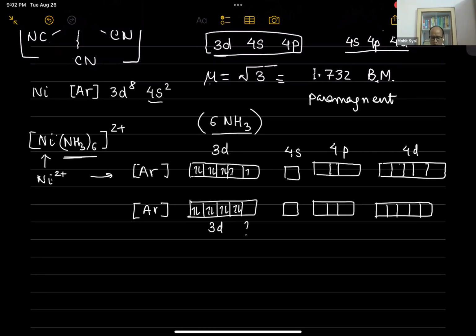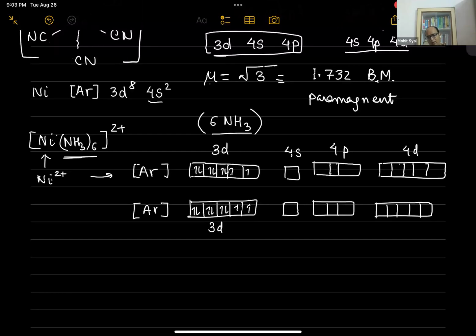There is no point of doing any pairing in this case. Is everybody agreeing with it? Very, very important point. So, is there any point of doing the pairing? No.